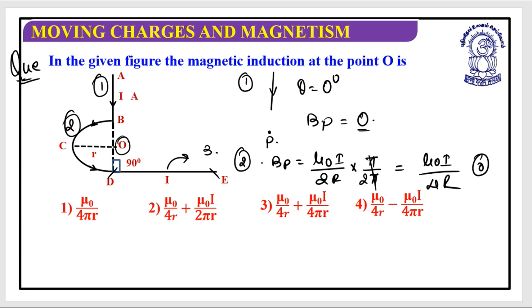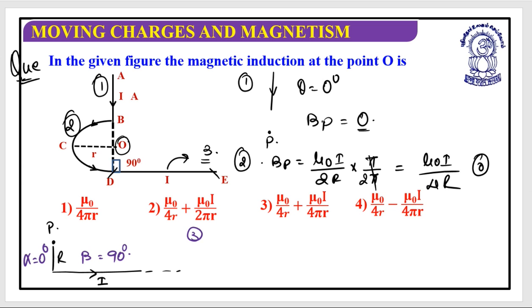Yes. Now let's work on the third segment. It is something like this: current I is flowing through here. This is the point where the magnetic field is required. This is the distance r because this is the radius. It's a semi-infinite wire, so let's assume the angle beta is 90 degrees and alpha is 0 degrees.